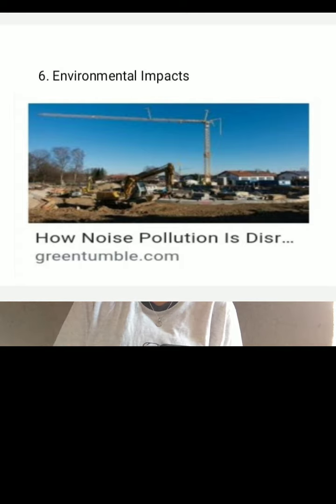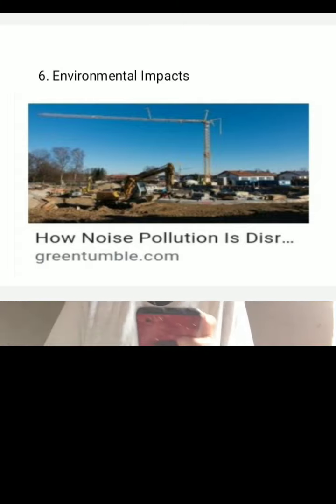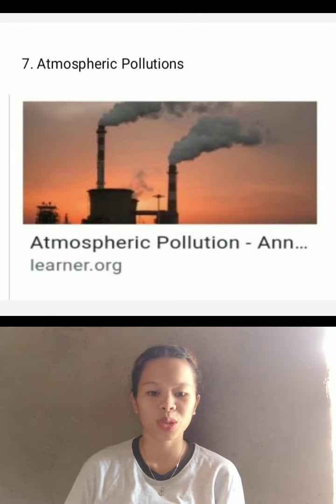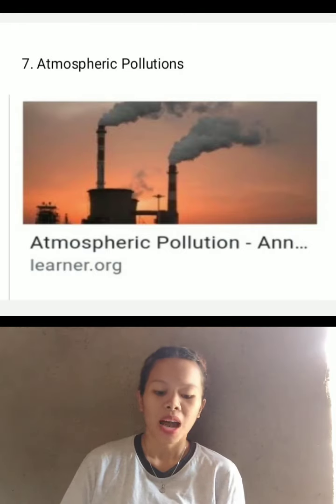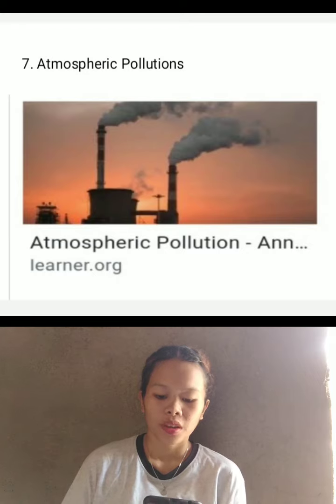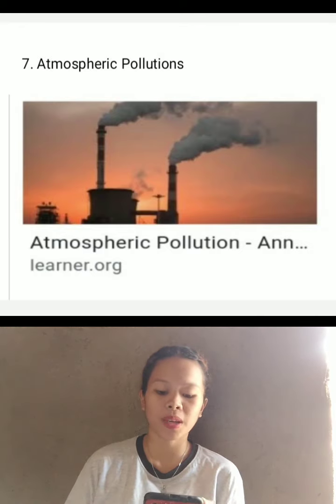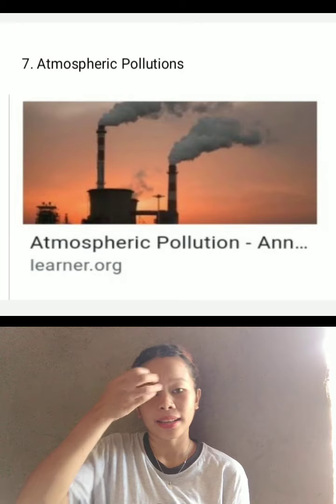So, let's proceed to number 7, the last one, which is atmospheric pollution. Fumes from motor vehicles present one of the most unpleasant causes of living with the motor vehicle.